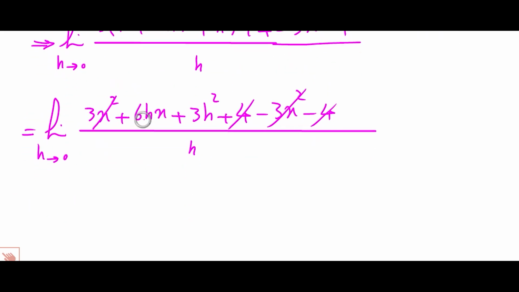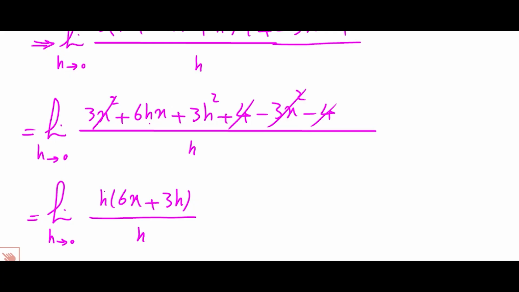So we have 6hx plus 3h squared over h. If we factor out h from the numerator, we have the limit as h approaches 0 of h times 6x plus 3h over h. The h in the numerator cancels with the h in the denominator, and if h approaches 0, we have 6x.